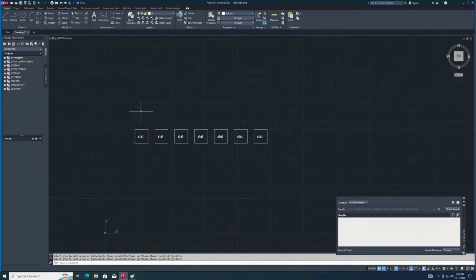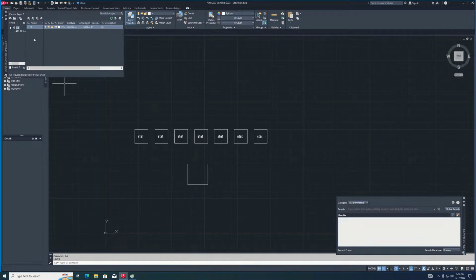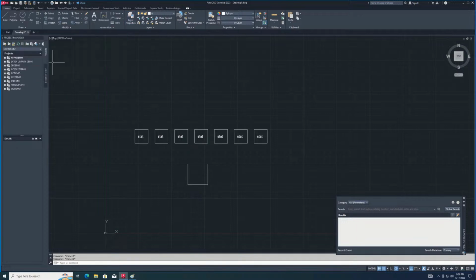So I got some stats, one for each room. I'm gonna do a PLC down here. No, not what I want. I want this with a label.